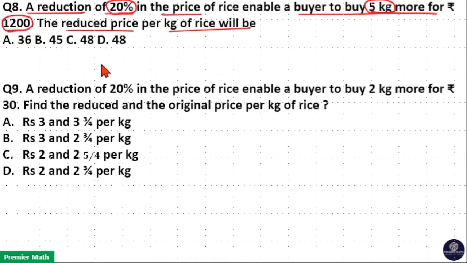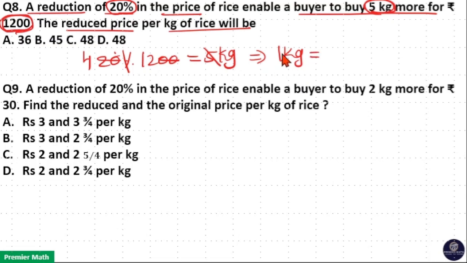Which means 20% of the given 1200 rupees results in this extra 5 kg. Here, percentage and 00 cancel. 5 goes 4 times in 20, which means 1 kilogram is equal to 12 into 4, 48 rupees. That is, 1 kilogram price is equal to 48 rupees. So option D is your answer.